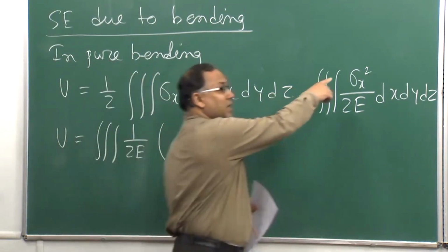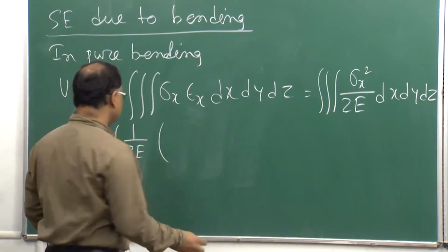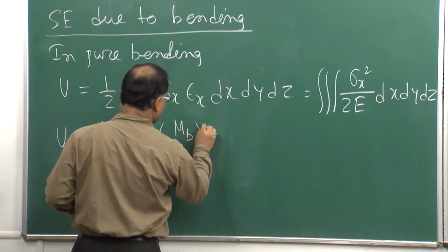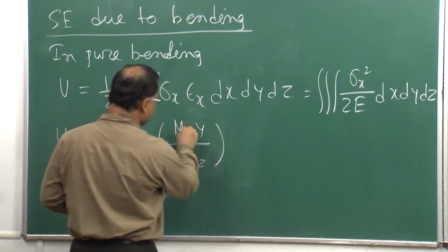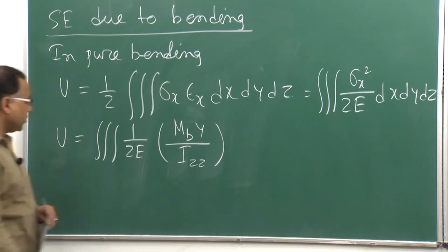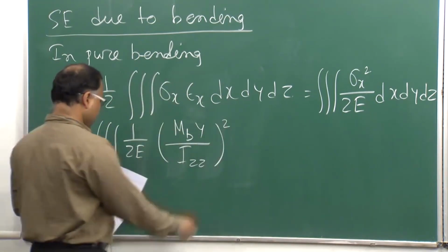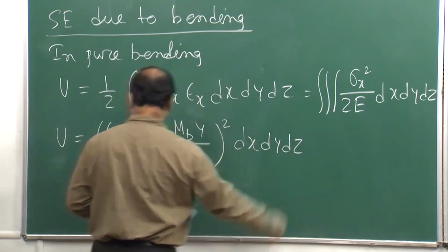Now, what was the expression for sigma x in pure bending? If you recall, Mb y by Izz, where Mb was the bending moment, y was the distance from the neutral axis, and Izz was the moment of inertia of the cross section, square, dx dy dz.